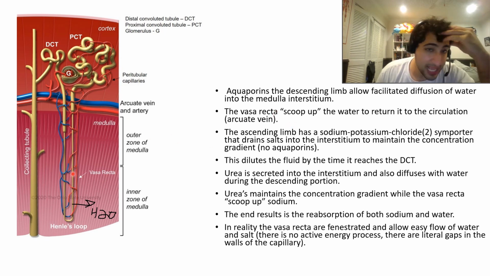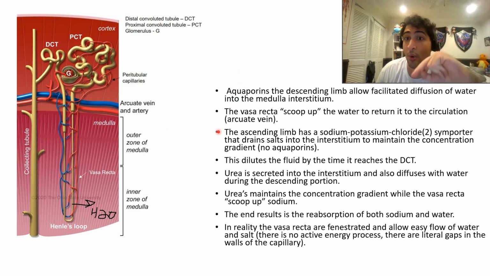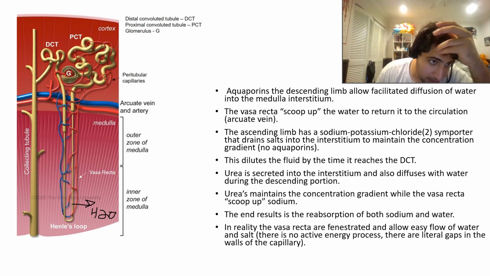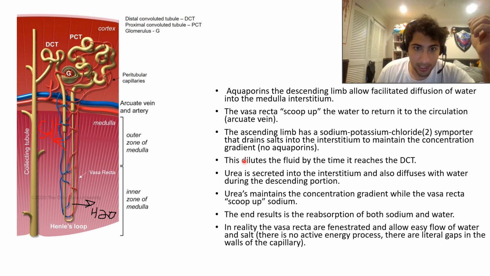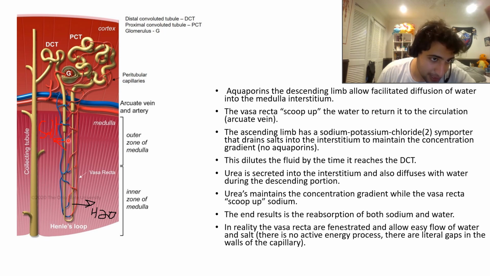The ascending limb has the sodium potassium chloride symporter but no aquaporins, which means on this side, especially the thick ascending limb, you're going to get your salts. I'm not going to write everything out because it'll take a while. I'm just going to write salt. So by the time the fluid reaches the distal convoluted tubule, the salt has been removed from it, and it's a very dilute fluid.